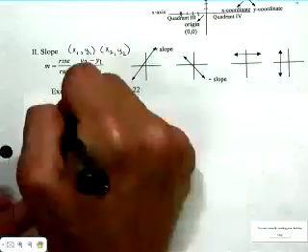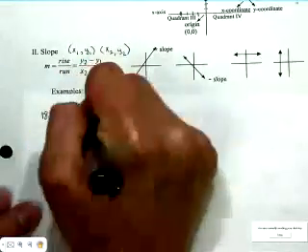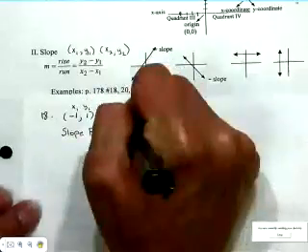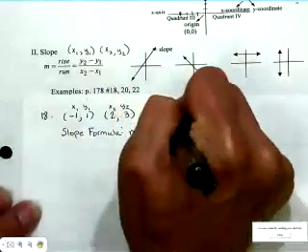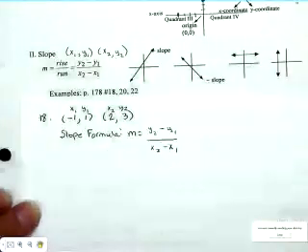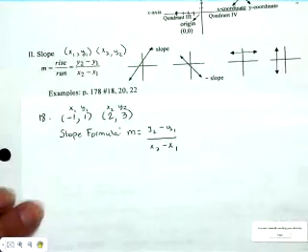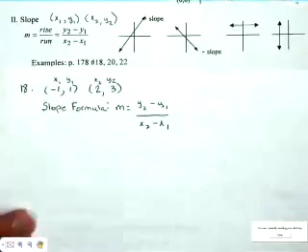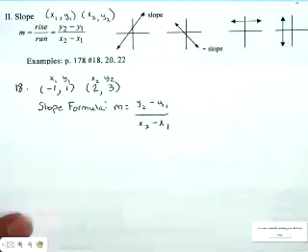This is the slope formula, and it's what I use to find the slope of a line if I'm given 2 points.